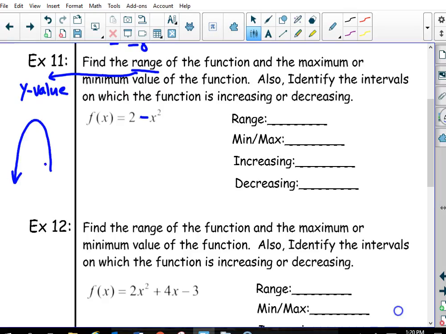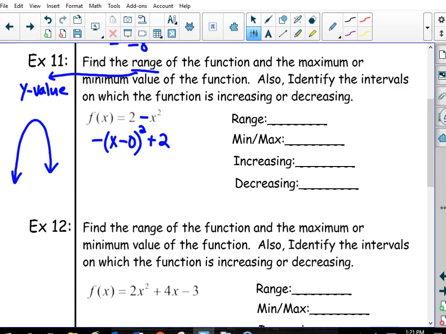And this is also another version of vertex form, where I can rewrite this as -(x minus 0) squared plus 2. So when you just have an x squared and an addition or subtraction outside of the squaring, it's always an up-down translation.